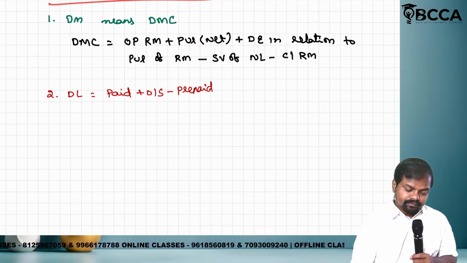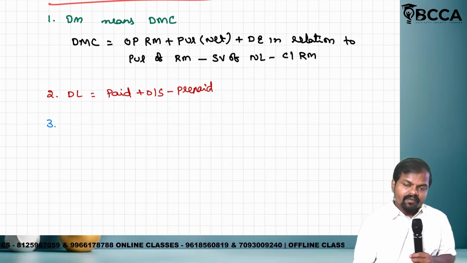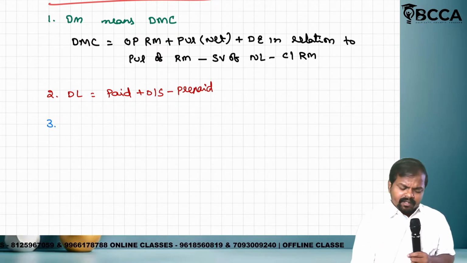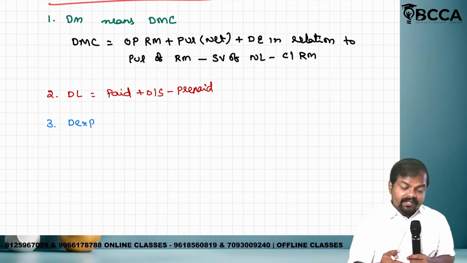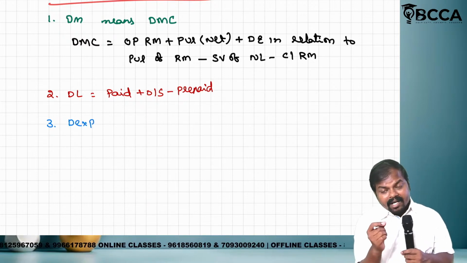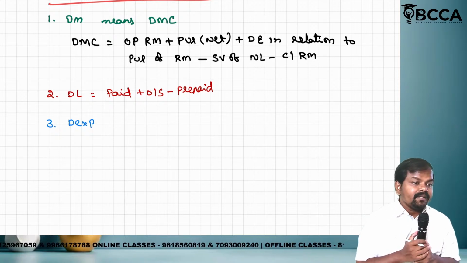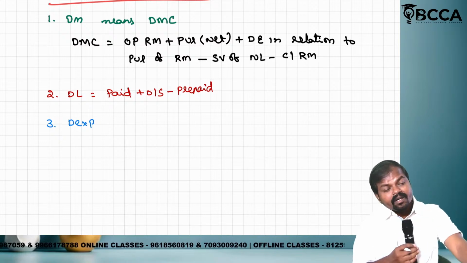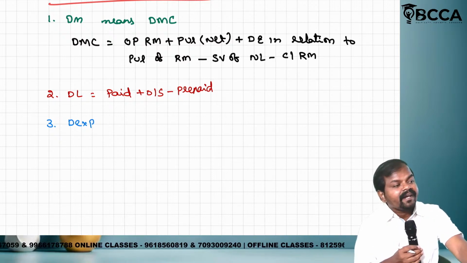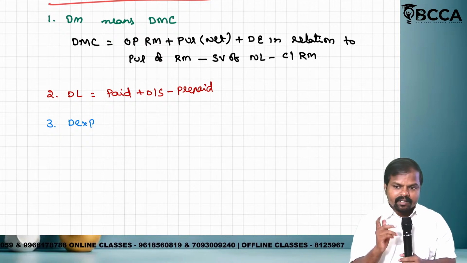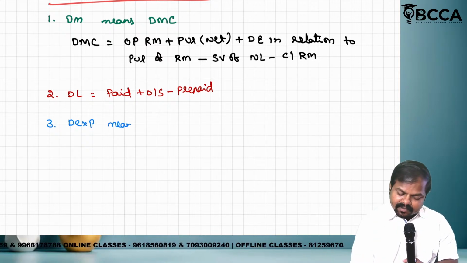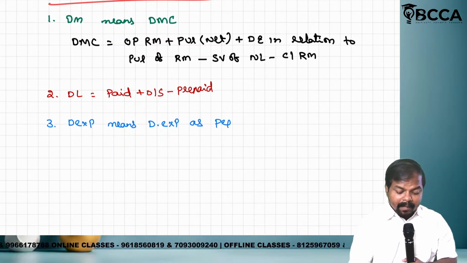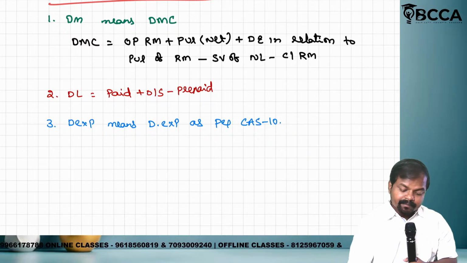Next, point number 3. What is point number 3 in the cost sheet? Direct expense. Listen, ma. The terminology of direct expense is defined by CAS 10, Cost Accounting Standard number 10.